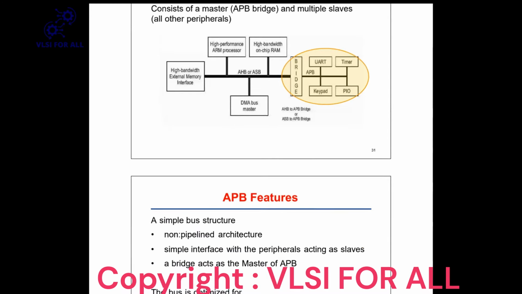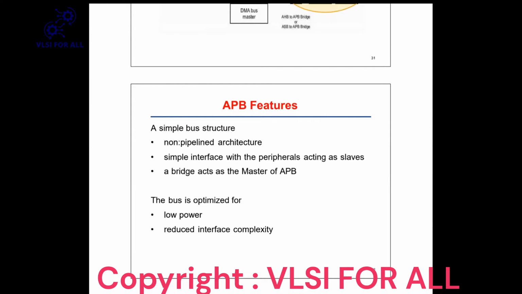If we talk about the APB features, APB has a non-pipelined architecture. It is of non-pipeline type, and that's why it takes two clock cycles. It is a simple interface with peripherals acting as slaves. A bridge is used, so an AHB or AXI transaction is converted into an APB transaction, and then it is driven to the APB slave.